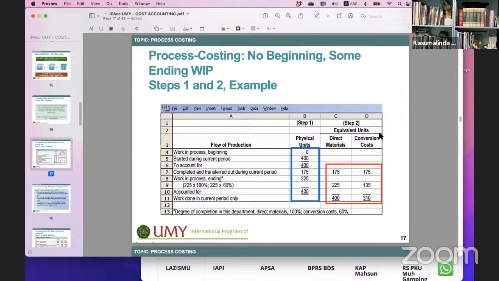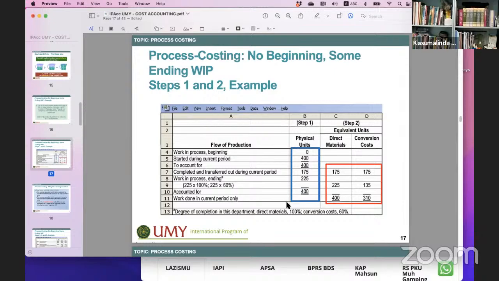If we separate the conversion cost into direct labor and overhead, we will have 3 columns instead of 2. But usually for process costing, we combine the conversion cost because the nature of the incurrence of direct labor and overhead costs is actually the same. So they are combined to simplify the report.